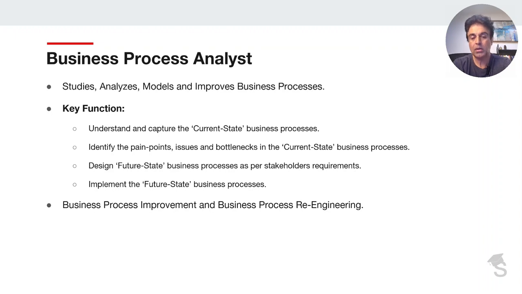These are two separate concepts, but they both fall under the BPM, or Business Process Management, domain. So as a business process analyst, you might be involved in transformation projects that might be either business process improvement or business process reengineering initiatives.